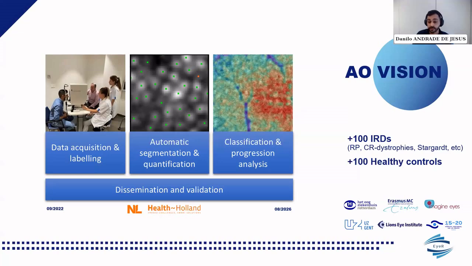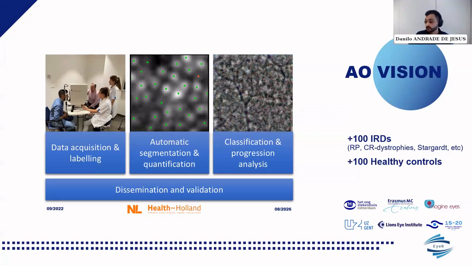And for that, the AO Vision team has worked on several things, including the standardization of retinal image acquisition. We are at the moment building a large and structured database of AO images and annotations, which already includes more than 200 subjects.